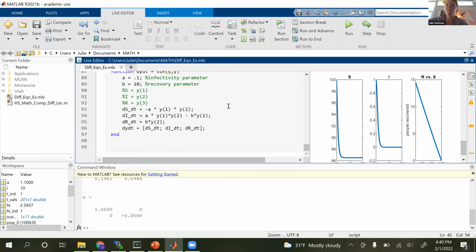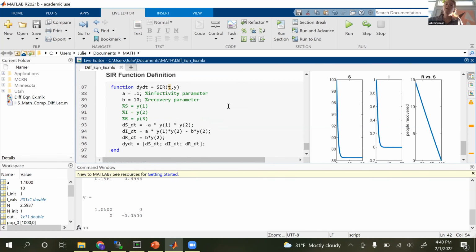So let's scroll down to our SIR function. This is exactly what we saw on the last slide. We see that dS/dt is just negative a times S times I.